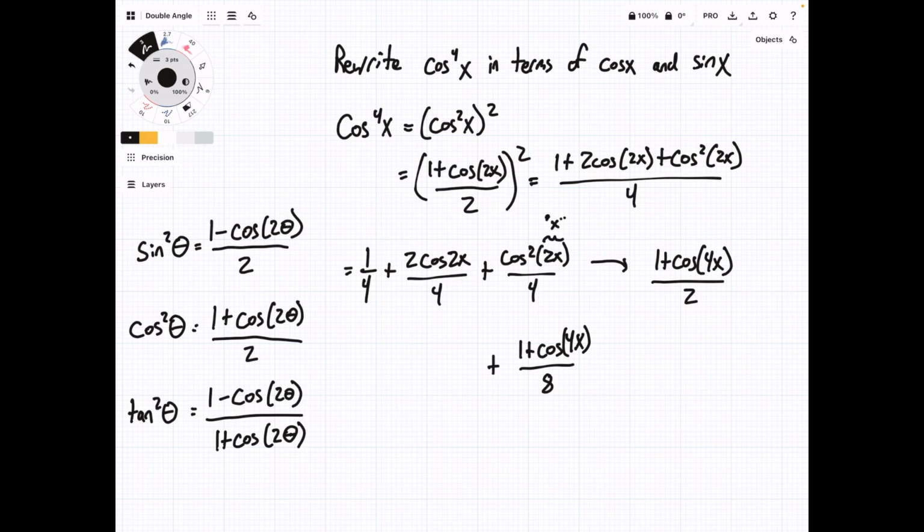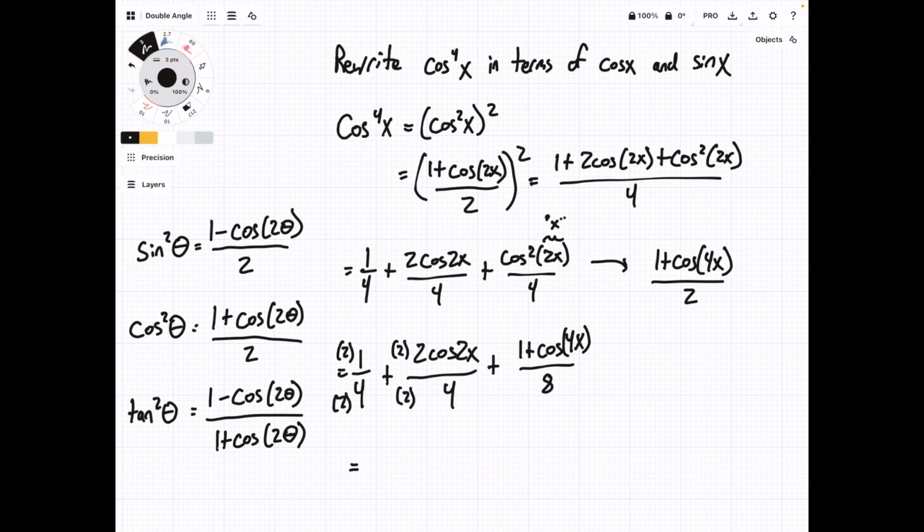Then rewriting the rest of the function, a little bit backwards, but there we go. And then we want to get all these in terms of eighths. So I'm going to multiply this one by 2 over 2, and then multiply this one by 2 over 2.